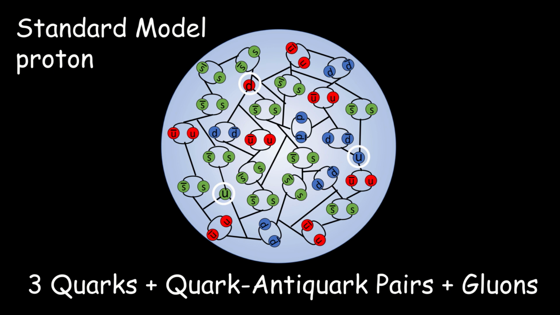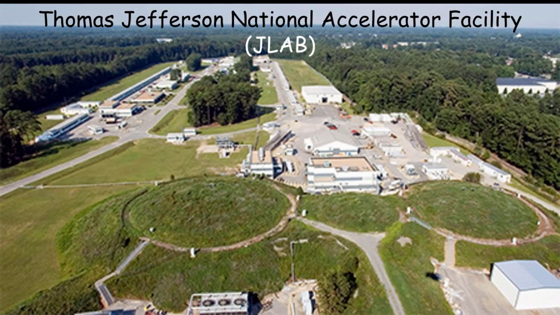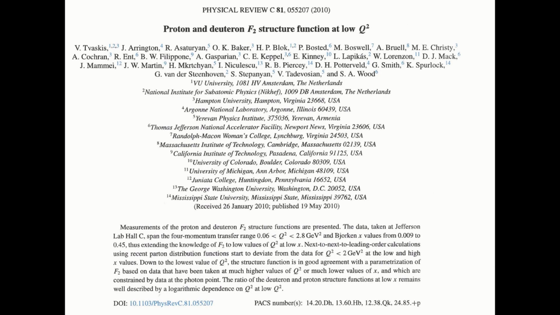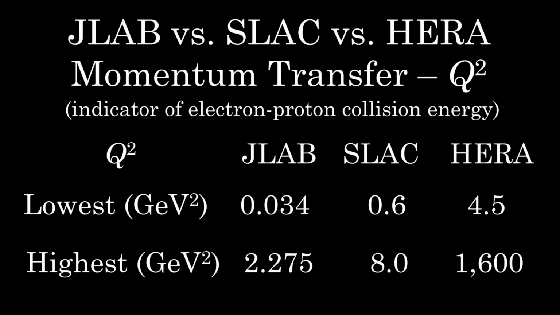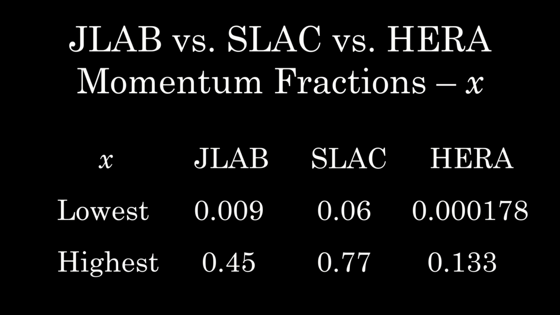However, in the year 2000, the Thomas Jefferson National Accelerator Facility, or JLAB, also did a set of electron-proton deep inelastic scattering experiments. The JLAB experiments were done at collision energies comparable to those in the SLAC experiments and covered momentum fractions down to X equals 0.009 or 1 over 111.